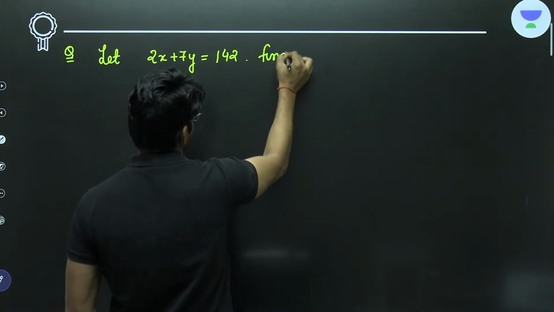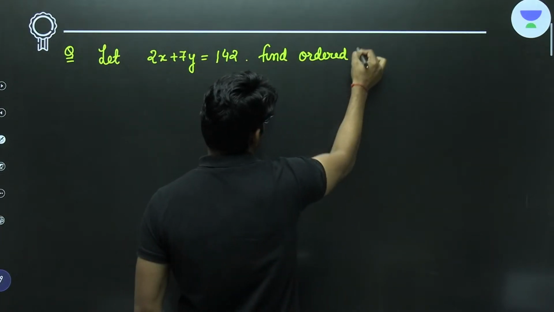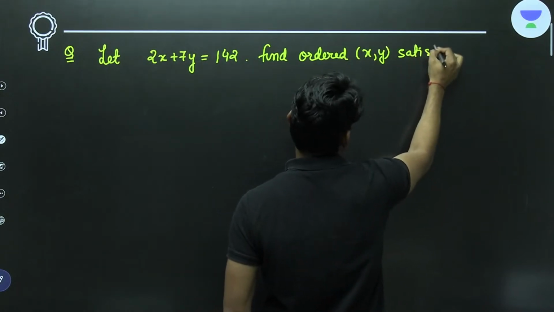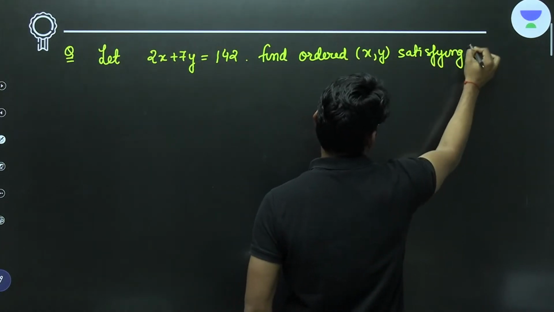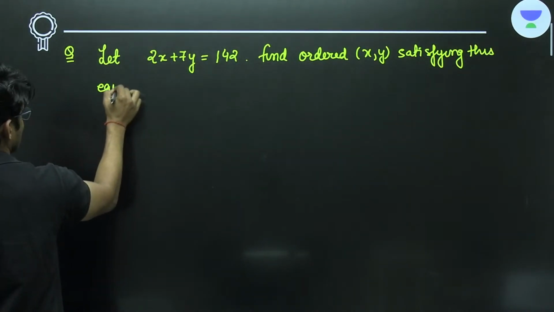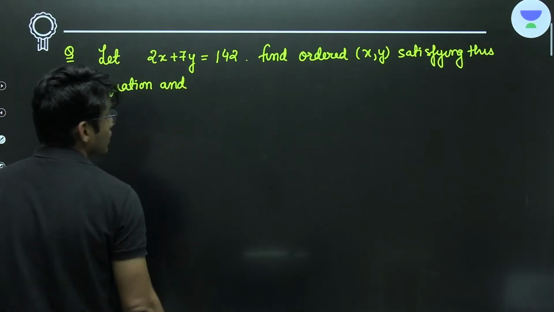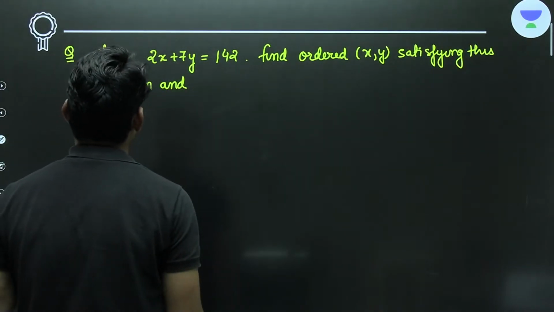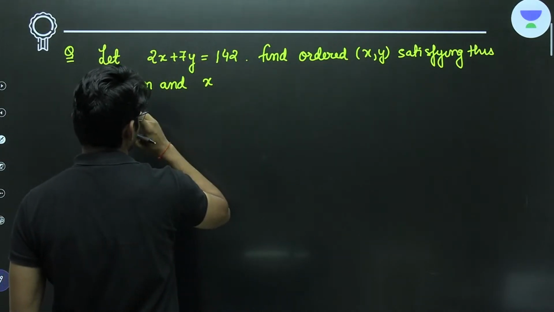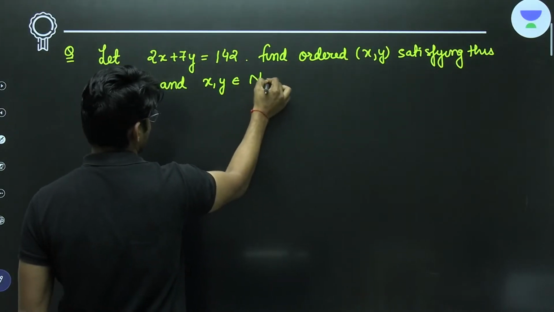Find ordered pairs x comma y satisfying this equation, and x comma y should be natural numbers.